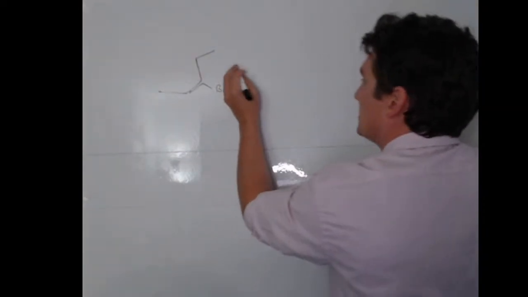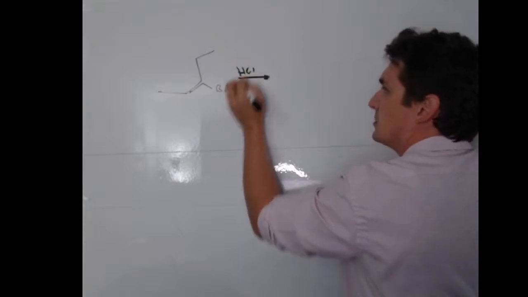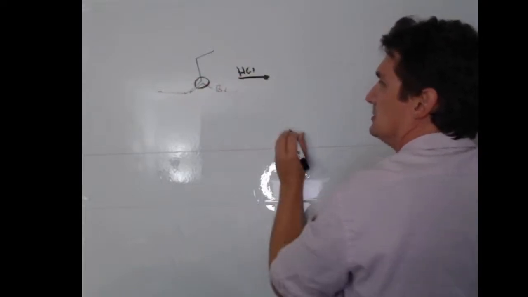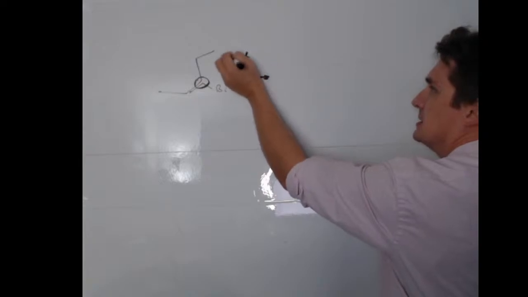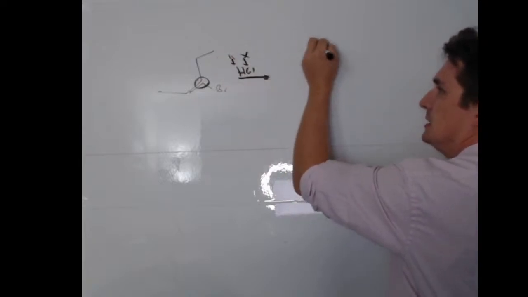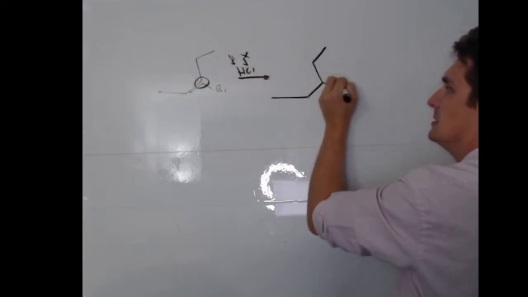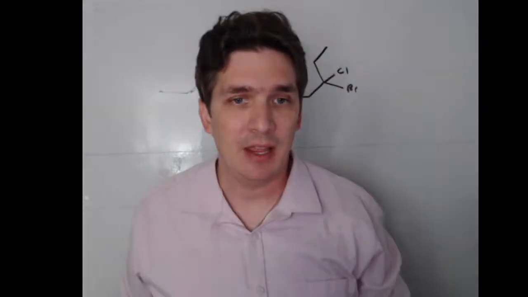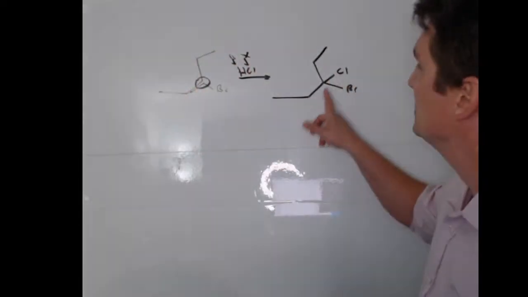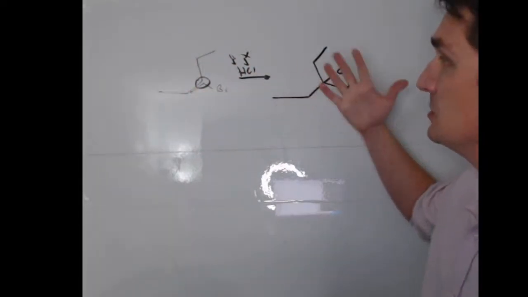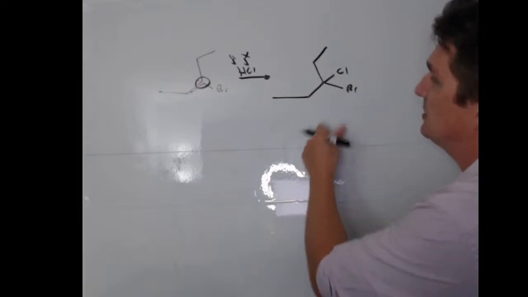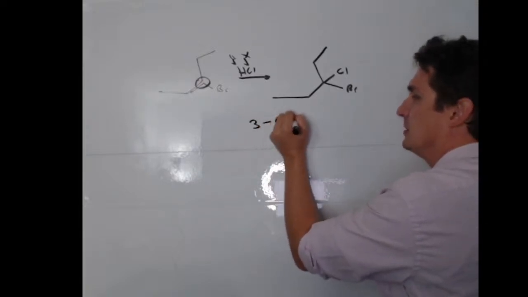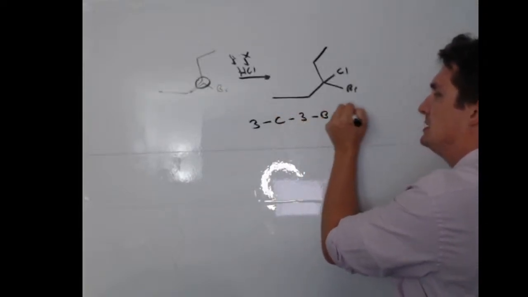This is going to be a Markovnikov reaction. So our most substituted carbon is this one here, so this is our X, and this is our H. Now the question is whether or not we need stereochemistry. If we look at it, on this carbon there's a chlorine and a bromine, but then there's two ethyl groups, so there's no stereochemistry. So this would be your final product, the 3-chloro, 3-bromo pentene.